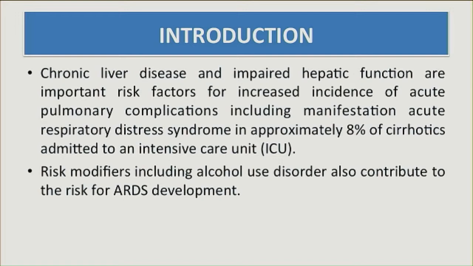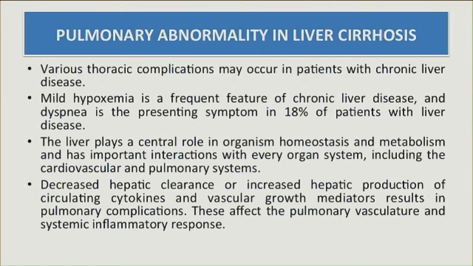There are many modifying factors that contribute to developing acute respiratory distress syndrome, such as alcohol consumption, and also patients with many organ dysfunctions and multiple comorbidities. This is also a risk factor for developing acute respiratory distress syndrome.